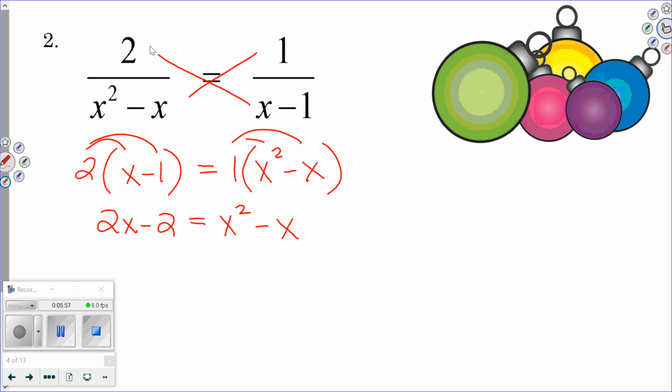How do I solve something like that? I can't, because I'm going to still have a b term.